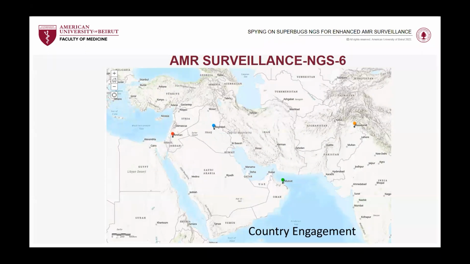And then we started with collecting samples from several countries. We started with Pakistan, Oman, Iraq, and Jordan. And now we're adding the Gavi eligible countries. That's Sudan, Somalia, Afghanistan, Yemen. We're getting samples from these countries, and we're looking at XDR typhi. We've collected 106 genomes.